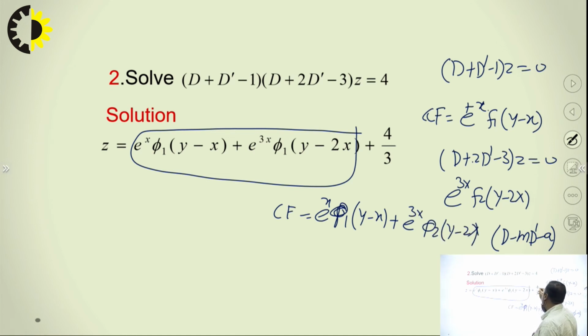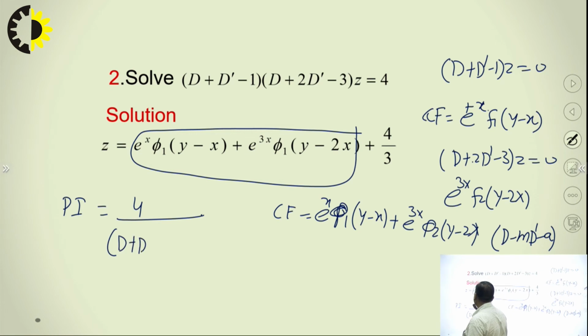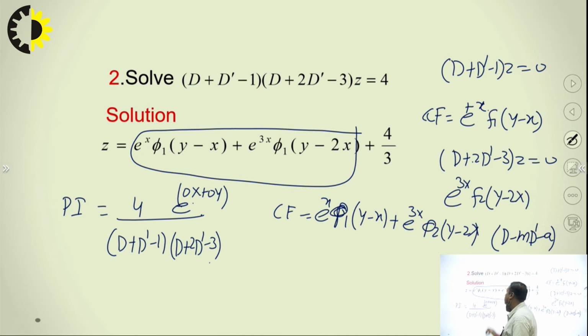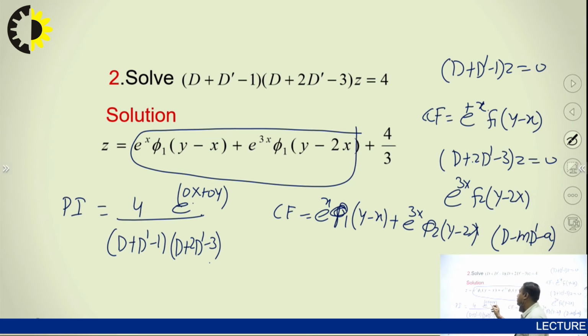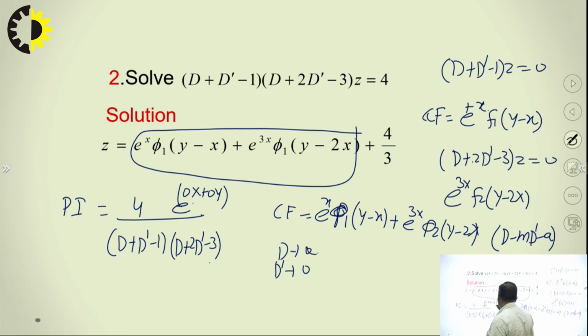Now only the PI remains. PI is taken as 4 upon D plus D dash minus 1 and D plus 2D dash minus 3, and we are writing it as e power 0x plus 0y. That means in the first case D is replaced by 0 and D dash is replaced by 0. See, is this 0? Replace D by a and D dash by b. D is replaced by a and D dash is replaced by b.